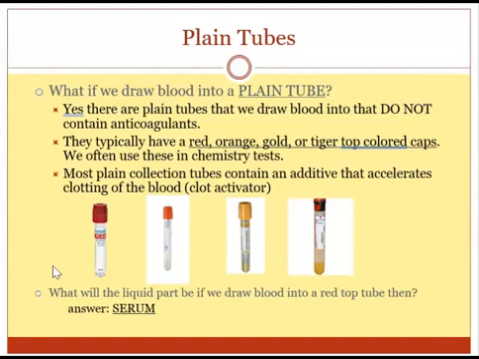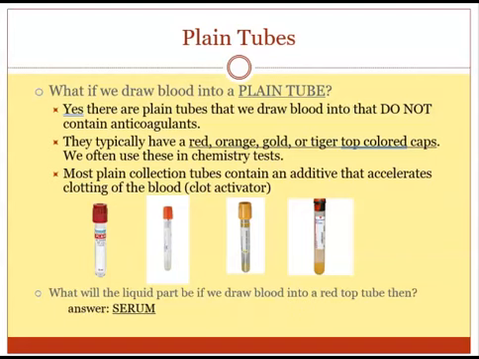Remember earlier on in the slide I said you have to wait. If you immediately draw a tube from a patient before you spin it down, you have to wait 5 or 10 minutes before you spin that sample down to allow the blood to clot. Well, sometimes these plain tubes can have a clot activator in them to help speed up the clotting process of the blood, so you'll get that specimen of serum a little bit quicker.